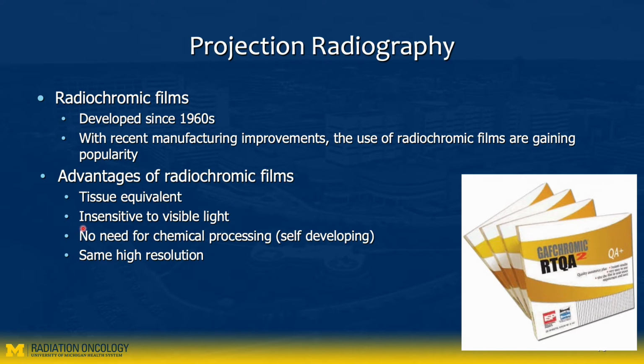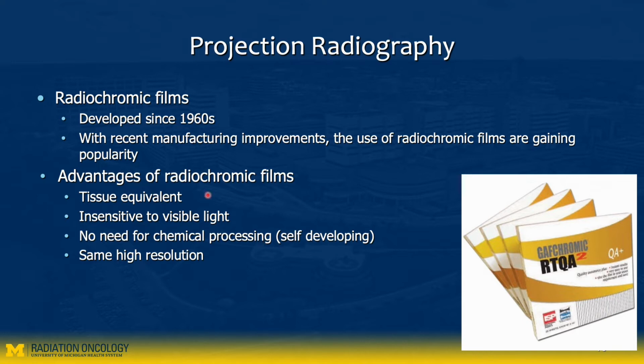And it is also insensitive to visible light, not like radiographic film where you have to keep it in the cassette or the envelope and develop it in the darkroom. With radiochromic film, you don't have to do that. It is only sensitive to the actual radiation. And like I just mentioned, there's no need for chemical processing.